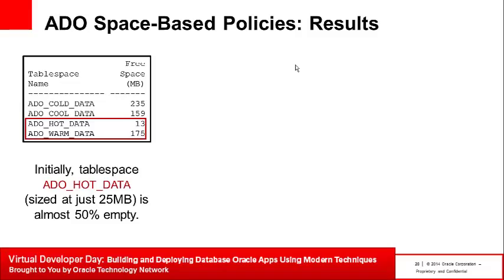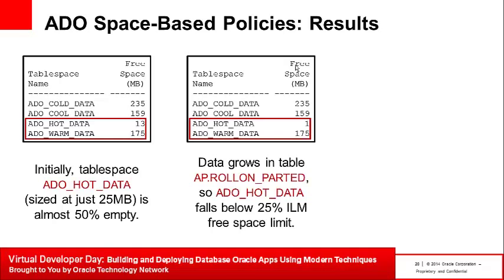As I start to grow this table space, as I start to grow data and grow the segment that exists inside ADO hot data, however, at some point, only 1 megabyte of space is left. About 4% of that space is left. I've crossed both the 90% used space limit and the 25% free space limit.